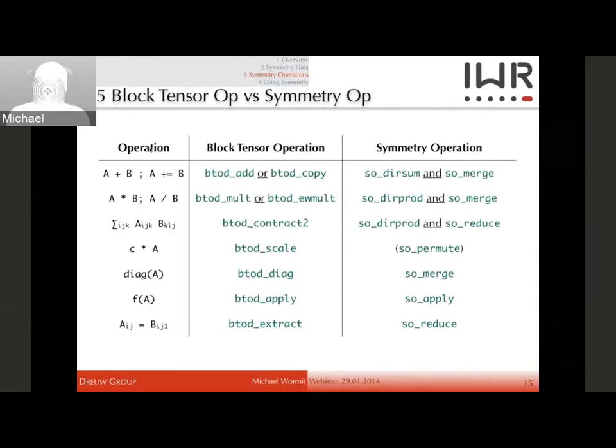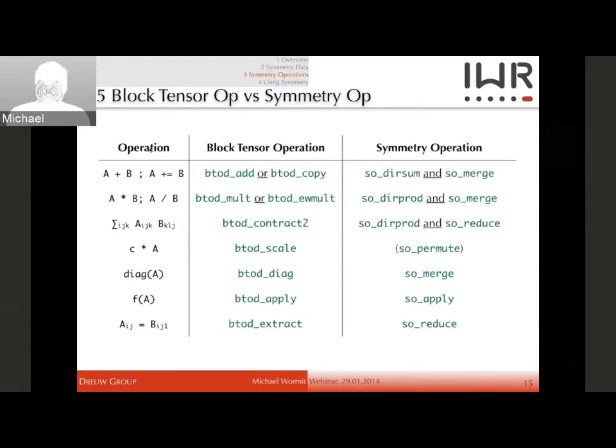BTOD apply, so applying a function or taking a function of a matrix element-wise, in this case would be SO apply, and the extract is another use case for SO reduce.